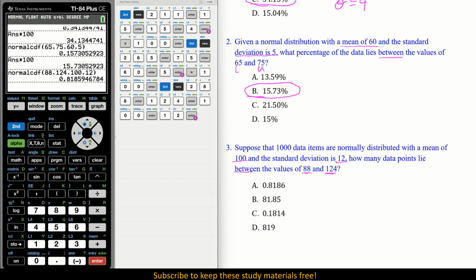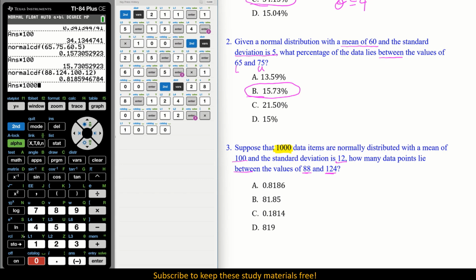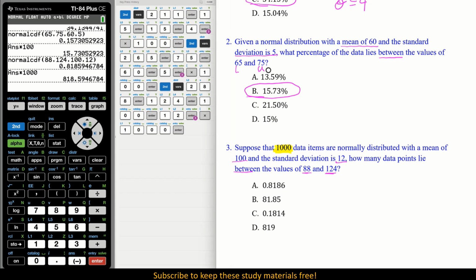It asks how many out of the 1,000. So you multiply times 1,000, press enter, and we get a number value. We're not looking for the percent; we're looking at how many of those items are within this space. That's how you handle this particular type of question. So D is our rounded option. All right, let's move on.